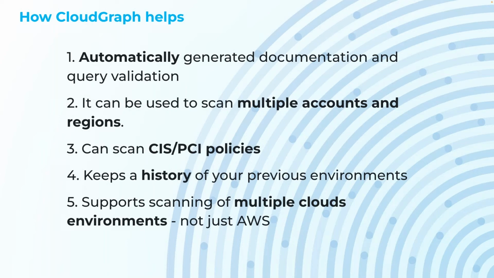The CIS and PCI policies also do apply to these other cloud service providers. I won't be diving into anything for Azure, GCP, or K8s. This is an AWS meetup group, so I don't think that's relevant right now.